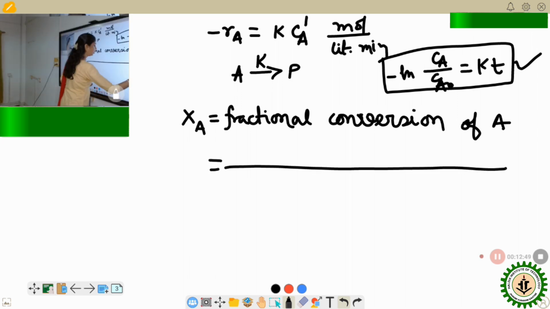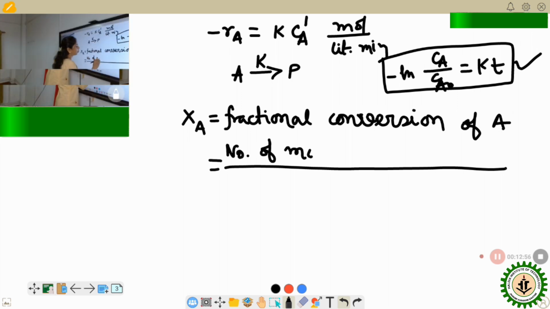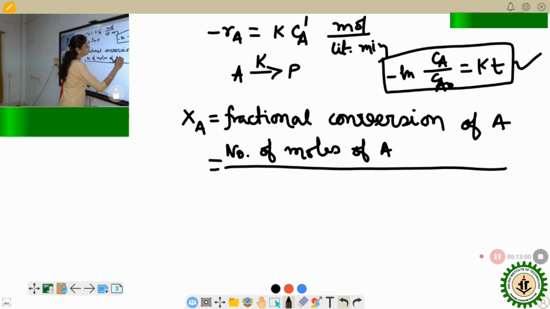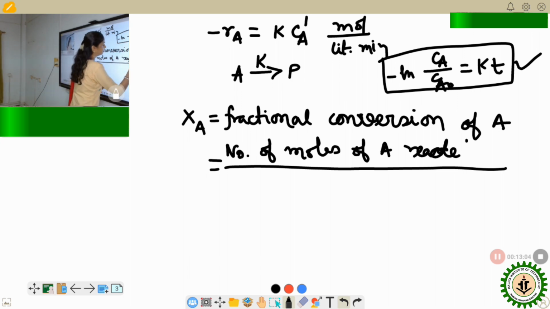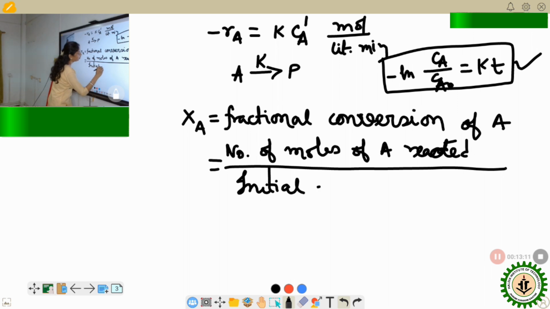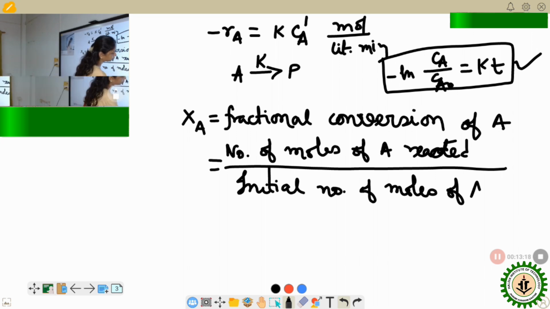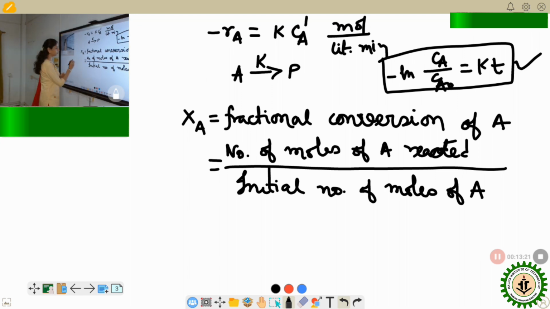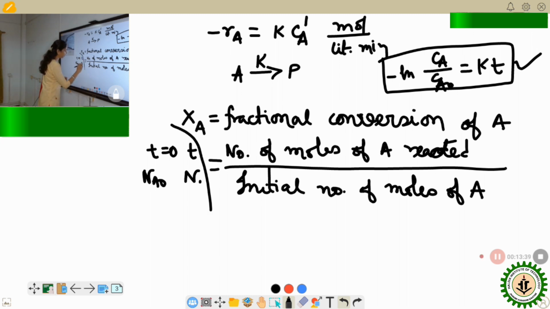That is number of moles of A reacted divided by initial number of moles of A. Here we'll consider number of moles of A at time t equals 0 as NA0, and at time t as NA.